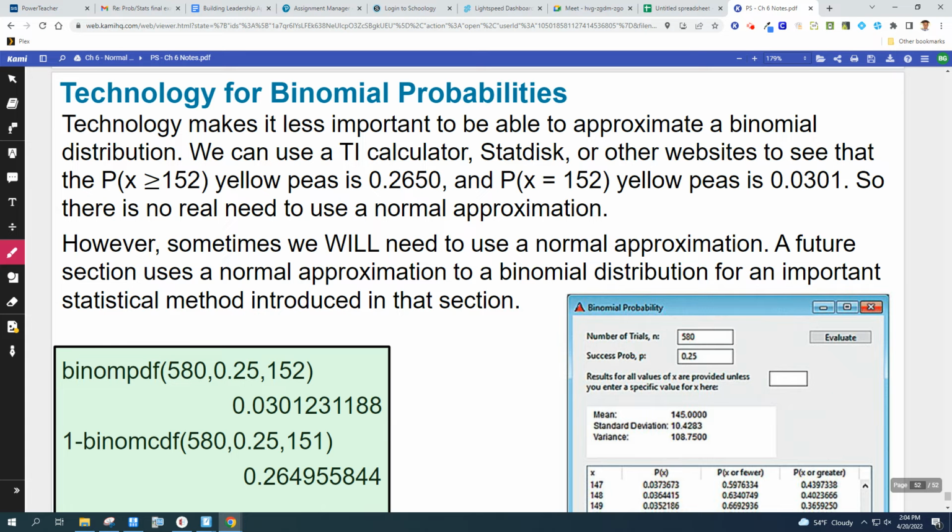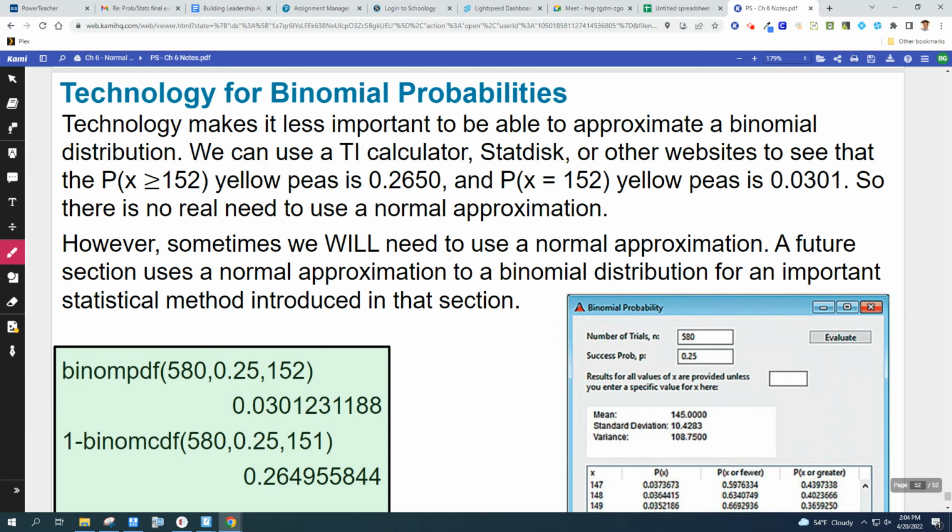This last slide says technology makes it less important to be able to approximate a binomial distribution. Essentially, it's saying we don't really need to do anything in this whole lesson because we can calculate it using our calculators and our computers.